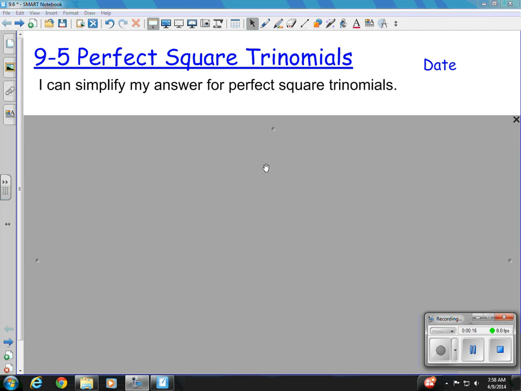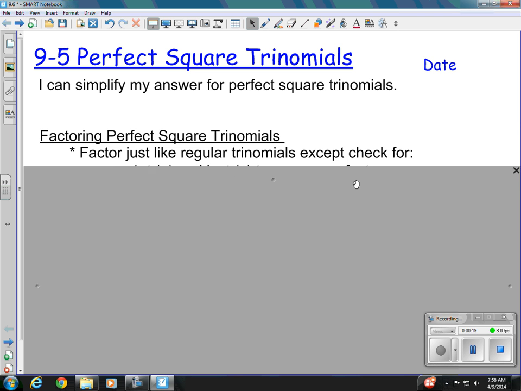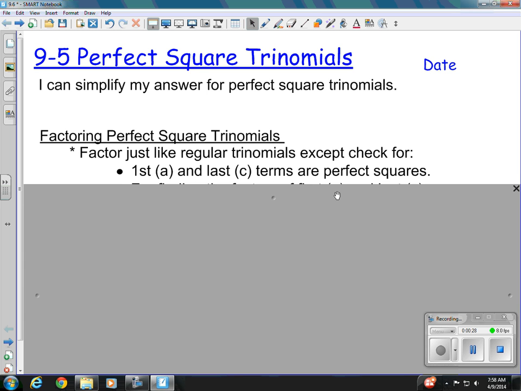So as far as factoring, we factor perfect square trinomials just like we factor the regular trinomials. The only exception is that we have to first check, make sure our first coefficient A and our last constant C are perfect squares.